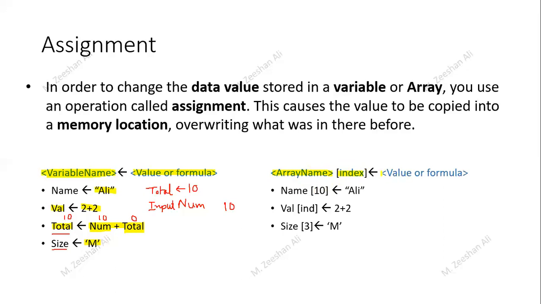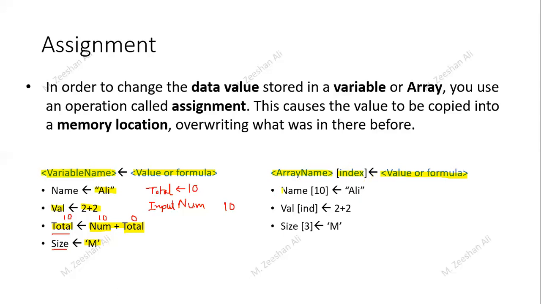And then we write the arrow and the value. The same rule is followed. On the left side, we write the name of the array and its position, and on the right side of the arrow, we write the value that is going to be stored.